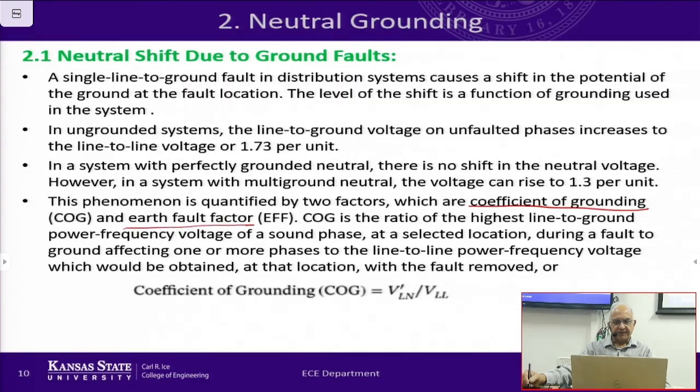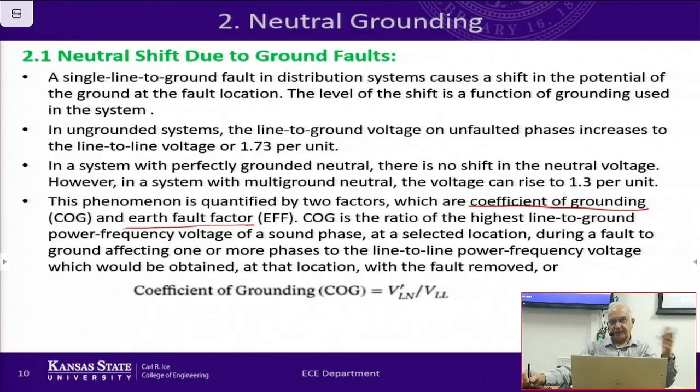Now what are they? The coefficient of grounding is VLN prime divided by VLL. Now VLL is the rated voltage. So COG is the ratio of the highest line to ground power frequency voltage of a sound phase at a selected location during the fault to ground.